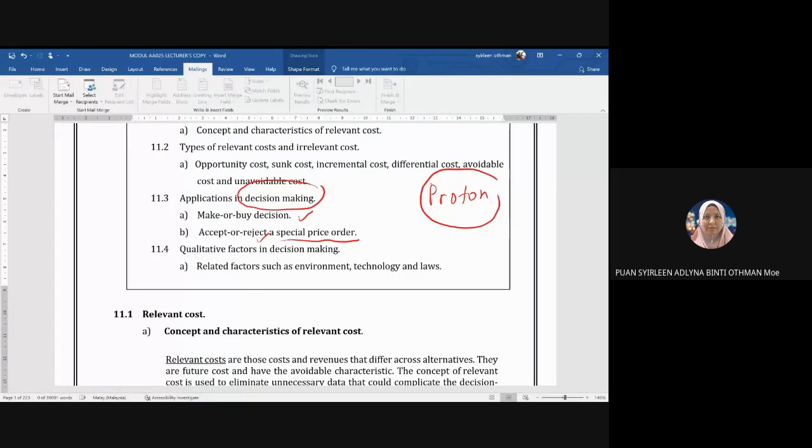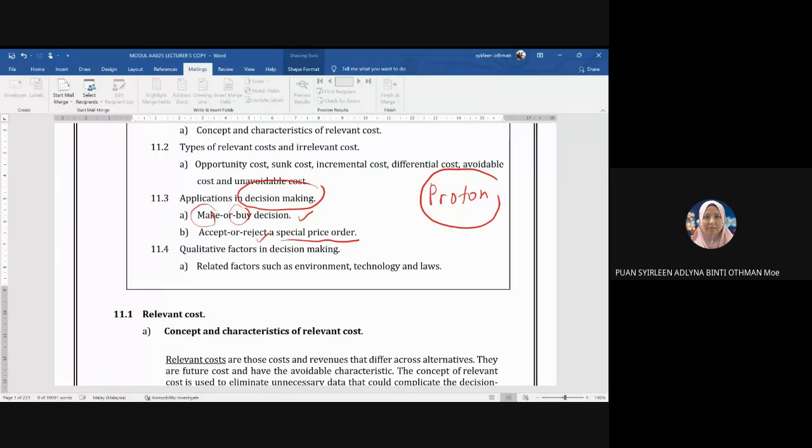So what we do is, normally certain companies dia akan buat decision whether dia nak make ataupun buy that parts. Okay, tapi still dalam kilang tu dia akan produce sendiri produk tadi. That means dia masih buat sendiri produk tu, tetapi ada certain parts in the product are not made by the company itself. Okay, that means they need to buy.